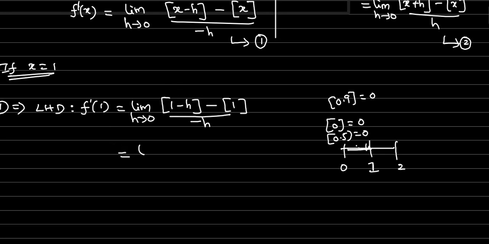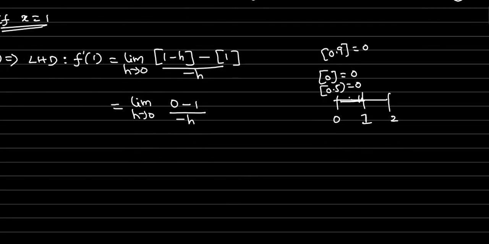So, replacing it in the limit h approaching to 0, what is the value of that? 0 minus 1 by minus h. Then we are getting limit h approaching to 0, minus 1 by minus h. Now the minus minus signs get cancelled, and we have 1 by h.